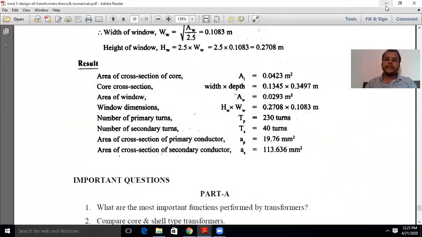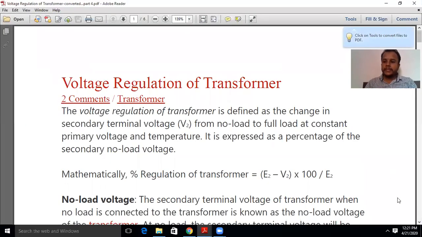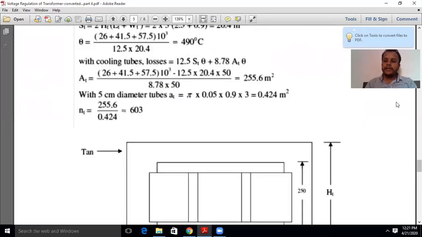Design of transformer tank tube. Yes, in this case, just have this example.